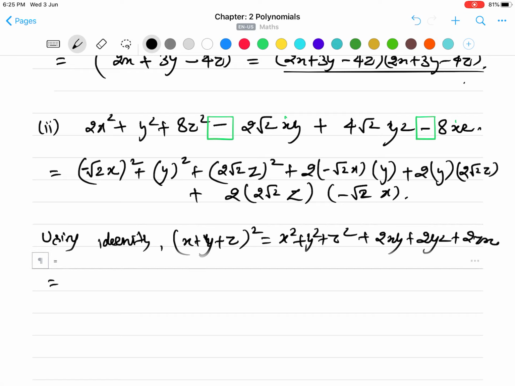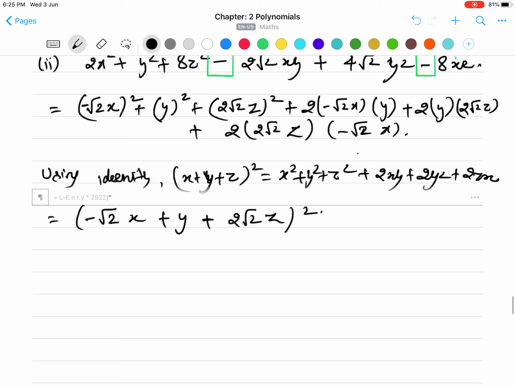Here x is minus root 2 x, y is y, and z is plus 2 root 2 z, whole square.